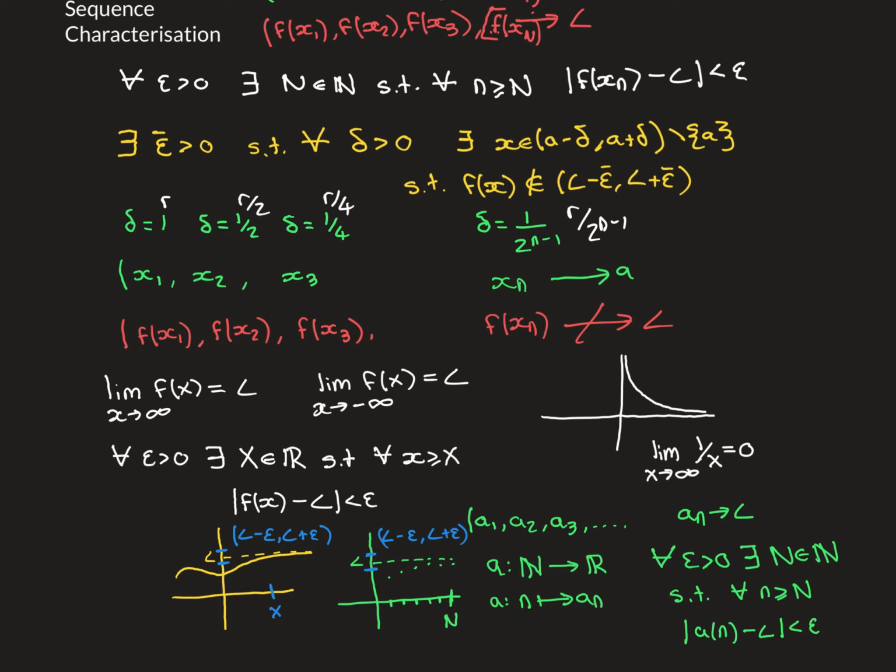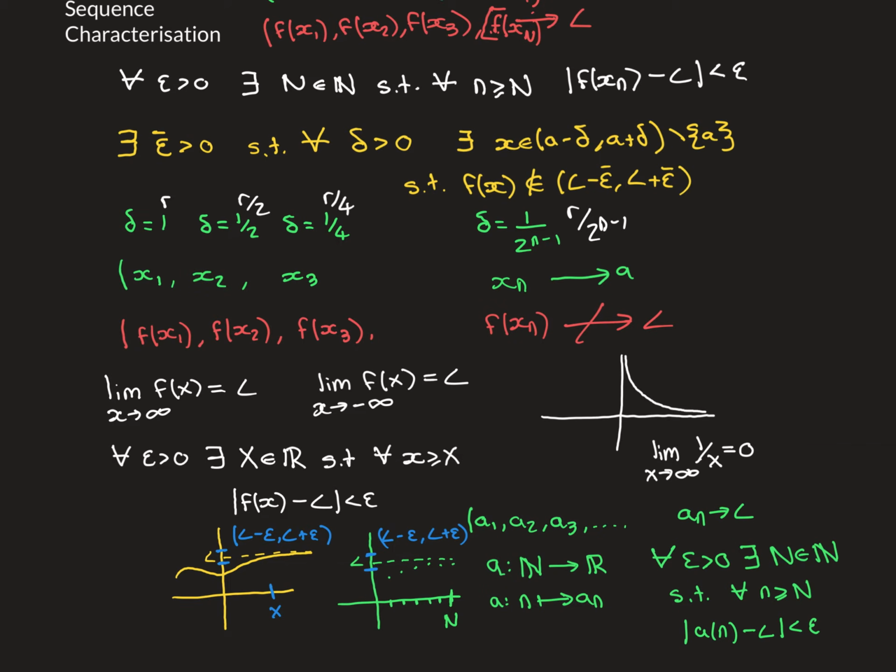Now on the graph, what that means is for all epsilon intervals around L, which I've drawn here, L minus epsilon to L plus epsilon, you must be able to find a big N, which is a natural number, so some point in the domain here, where for that point and all the points beyond it, all little n greater than or equal to big N, so the tail end of the domain here, they are all going to be mapped by this function, or their corresponding terms in the sequence are all within that epsilon interval, i.e. they're less than epsilon distance away from the limit L.